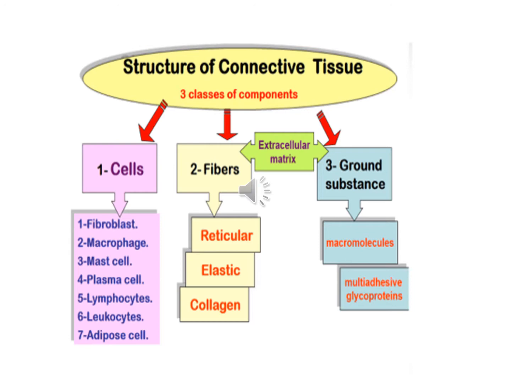So the base, which was the cake and the biscuit, consider as the fibers. The liquid part, the custard, consider as the ground substance, the major part that is filling up the whole plate. And the tiny bits of fruits and cherries are the cells.